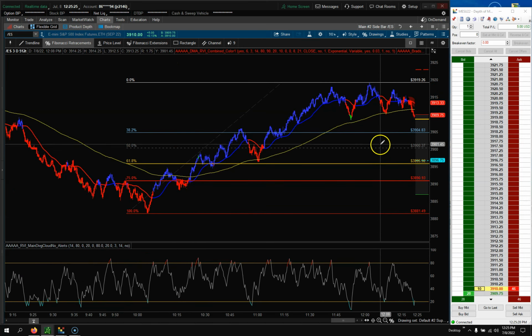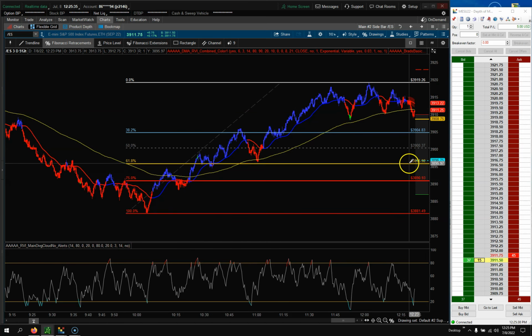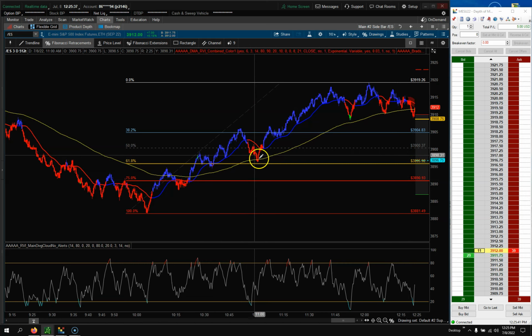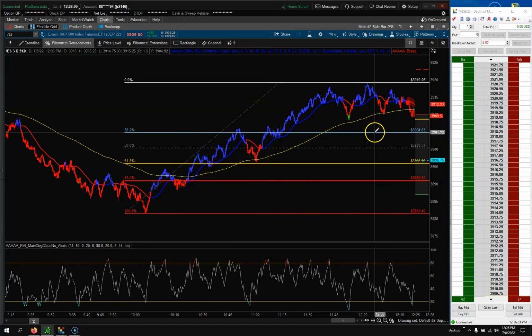But if you're looking for a 61.8% pullback, well, we could see price right here has pullbacks, and there is a nice support level, because we pulled back, went off to the races, came back, bounced from here. So we should probably see a potential pullback here, or if we do, we would see a bounce potentially, and then maybe bounce back up to the 38%. That's one way of trading it.